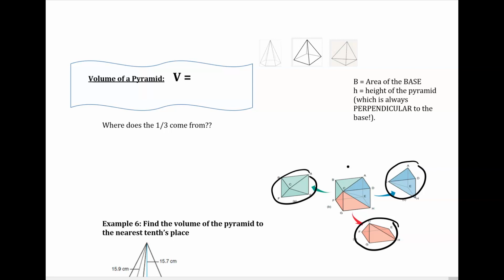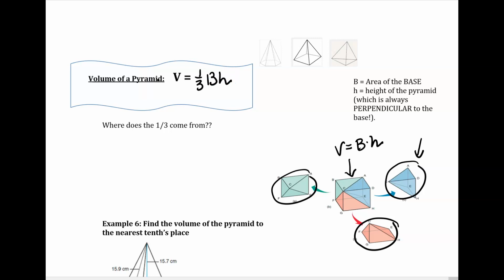So if we know the volume of this cube is area of the base times the height, then one of the pyramids is just going to be 1/3 of that. So the formula for the volume of a pyramid is 1/3 area of the base times the height.